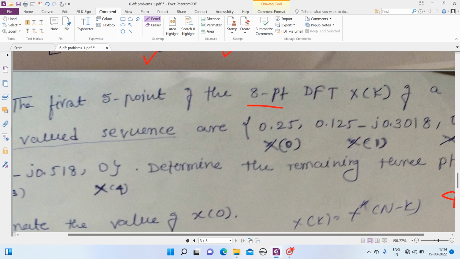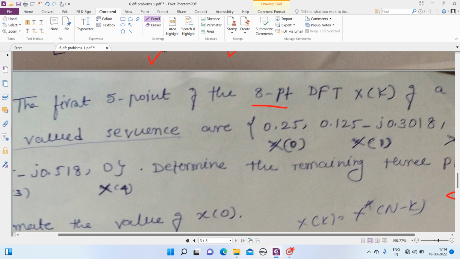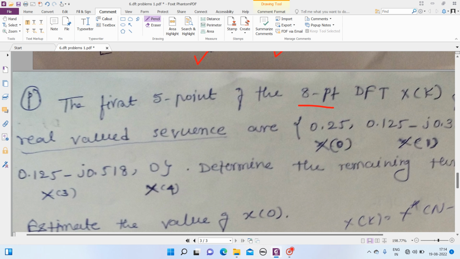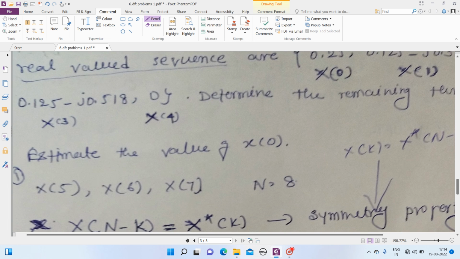They have also asked to find the x of n value, only one value, x of 0. It is a very interesting problem. So we need to calculate the remaining 3 points, and out of the 5 points, again calculate the x of n value, especially x of 0.